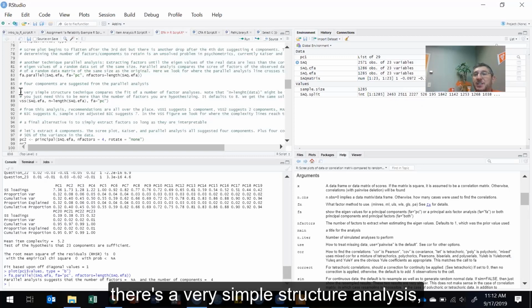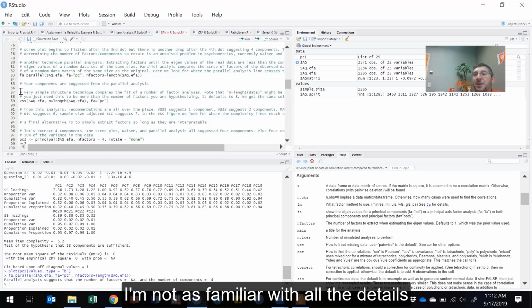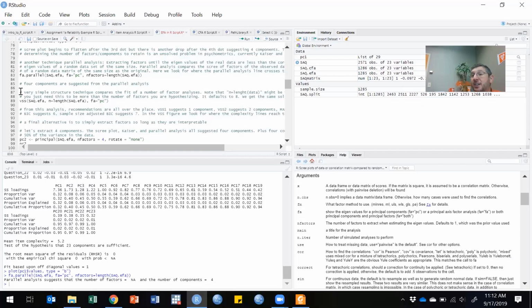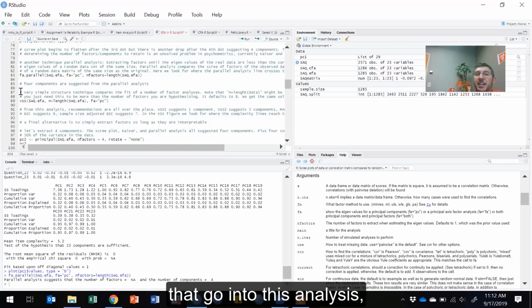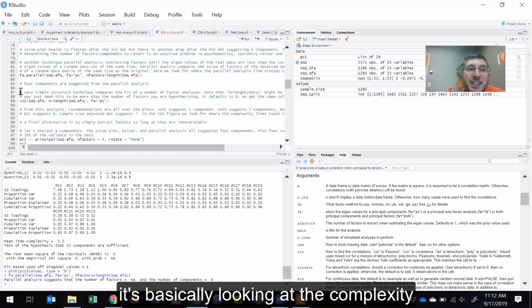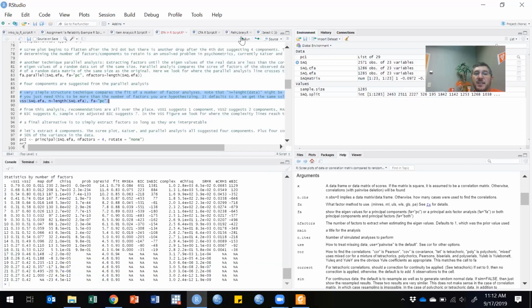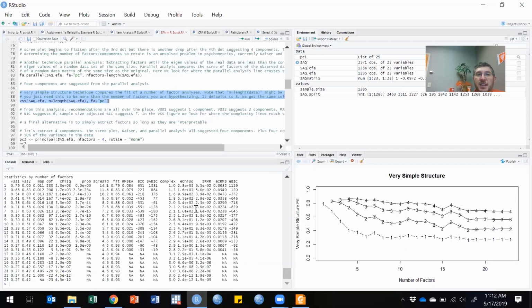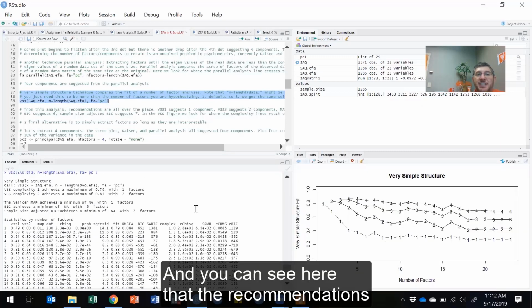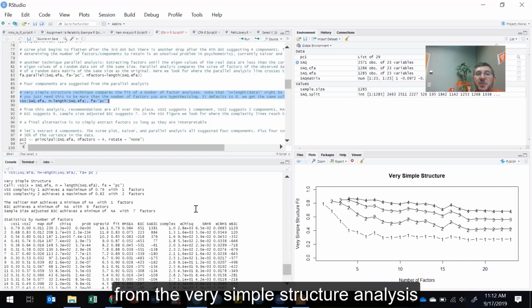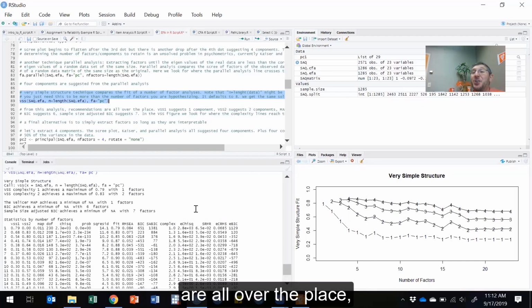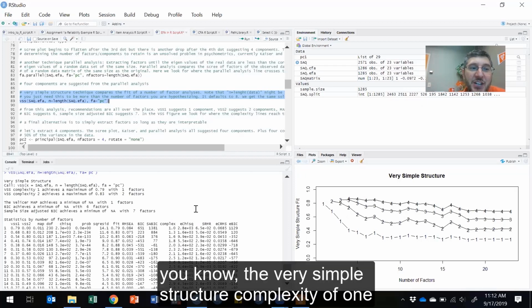There's another method, the very simple structure analysis. I'm not as familiar with all the details that go into this analysis. It's basically looking at the complexity of each of the factors. You can see here that the recommendations from the very simple structure analysis are all over the place.